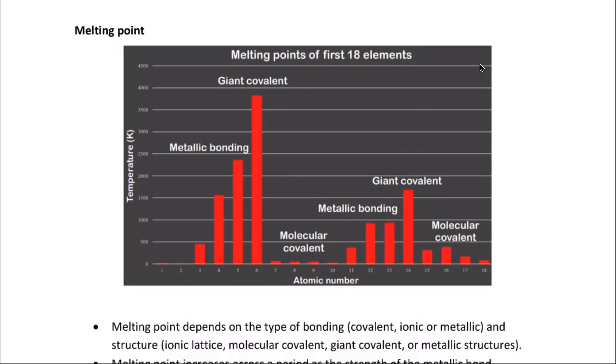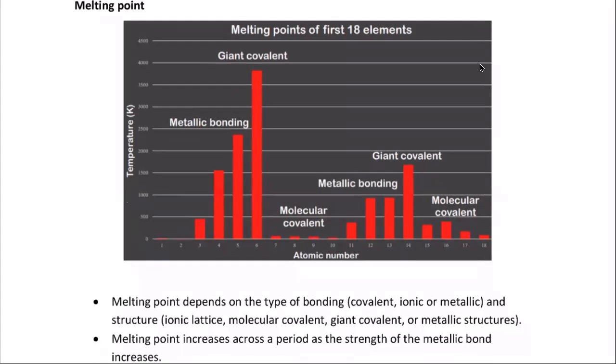But for right now, let's start with melting point. There's a graph here. It's a bar graph with the melting point of the first 18 elements, hydrogen all the way through argon. Now, what do I see happening on here? Anybody see anything repeating? What do we think?